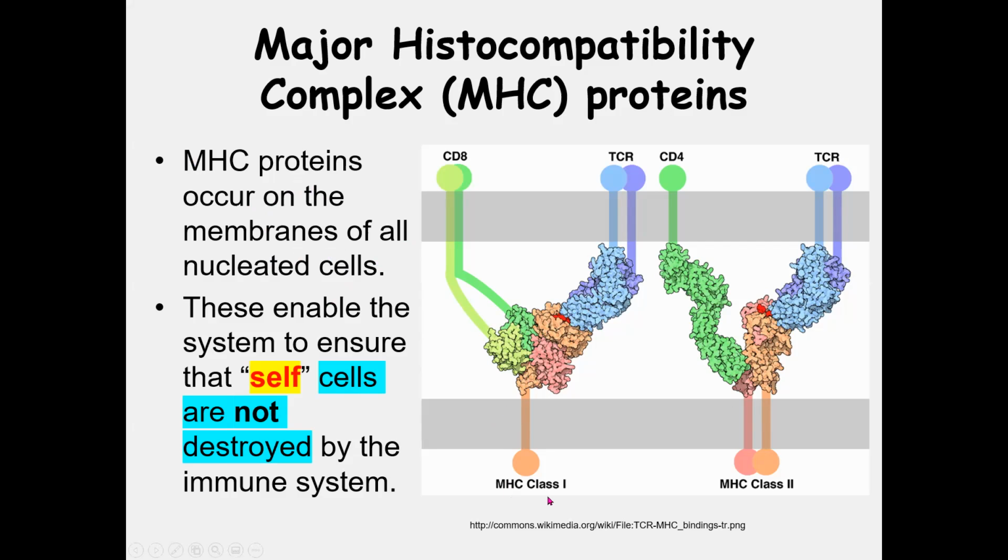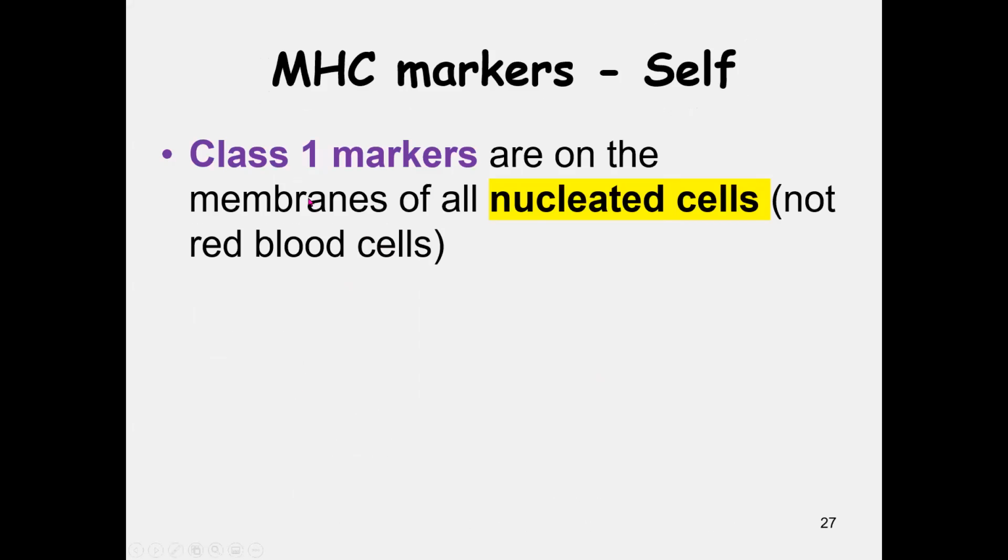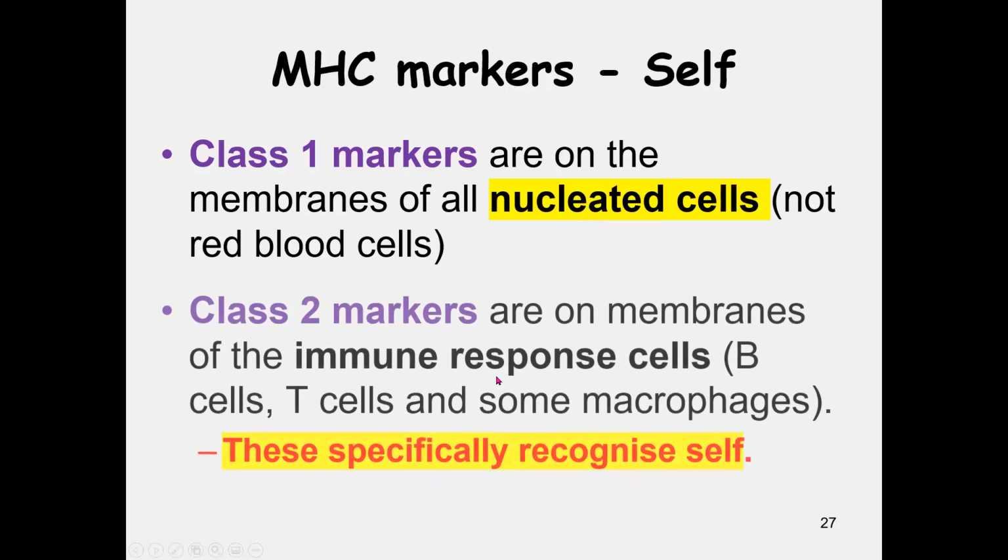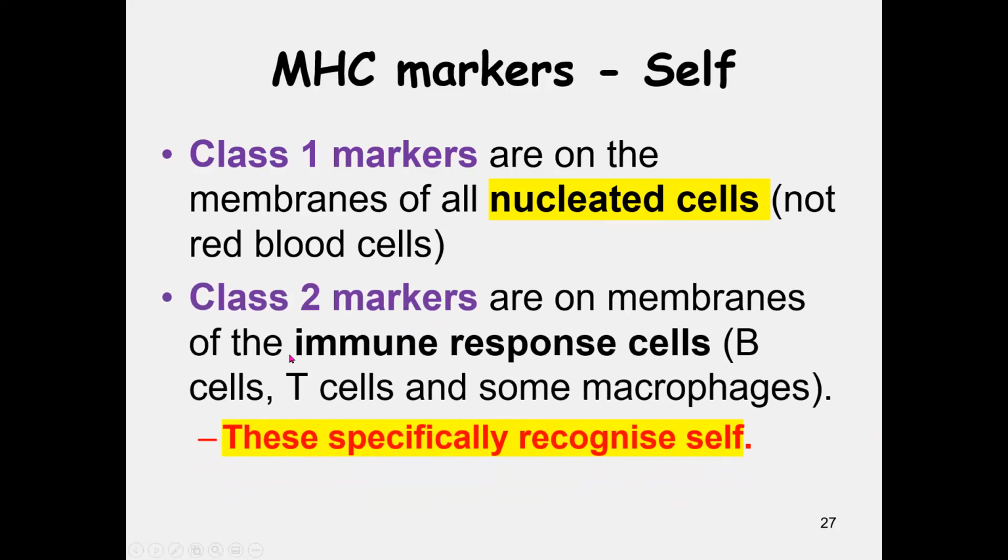These MHCs occur on all membranes except red blood cells, and there are two classes. There's a class 1 and a class 2. Every nucleated cell has the class 1. The class 2 are on the immune response cells, the B cells and the T cells and some of the macrophages.